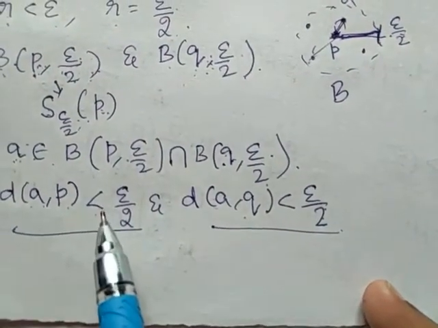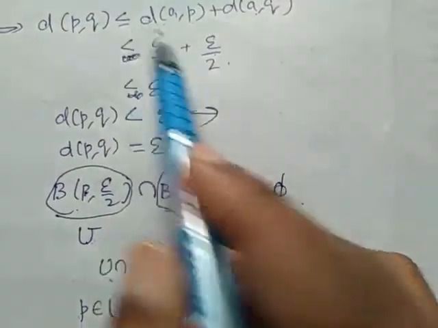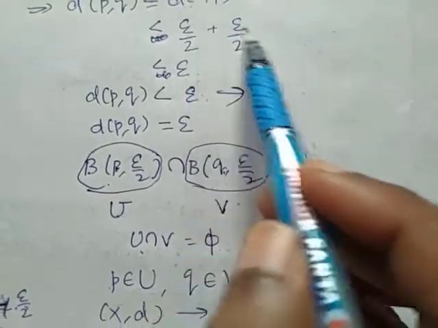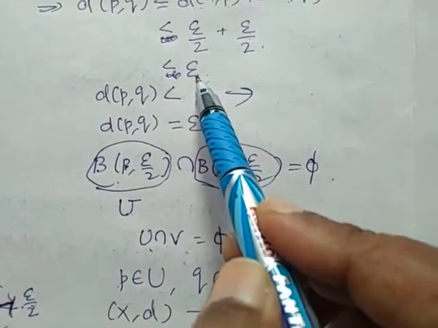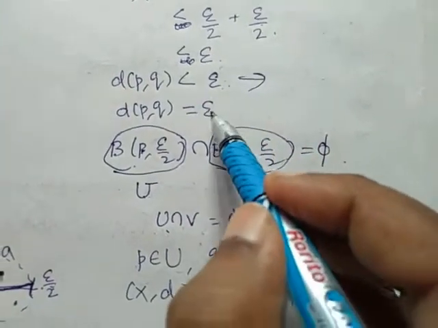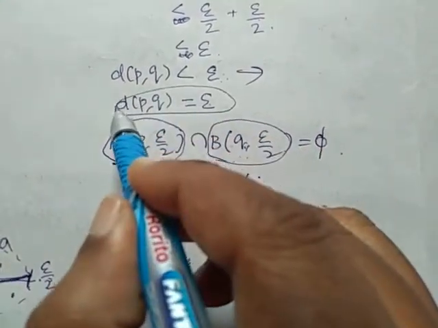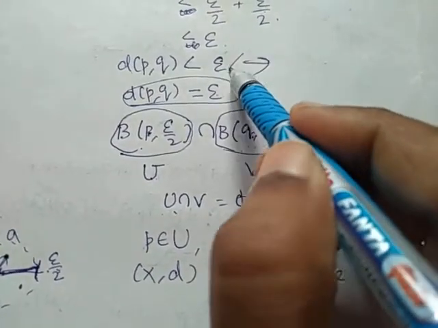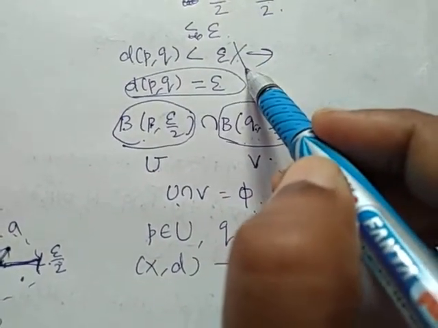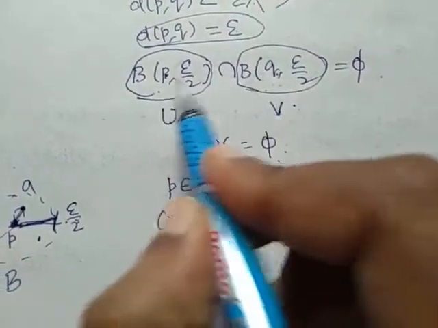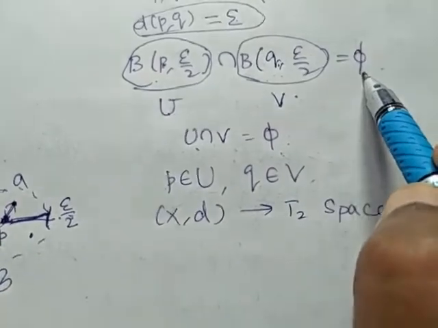It's not less than or equal to, it is strictly less than epsilon by 2. Therefore, less than or equal to reduces to less than epsilon by 2 plus epsilon by 2. When we add these two, we get less than epsilon. d(P, Q) is less than epsilon. But we have assumed that d(P, Q) is equal to epsilon. This is not true to the fact. Therefore, our assumption is wrong. Therefore, we have the intersection of these two open spheres as a null set.